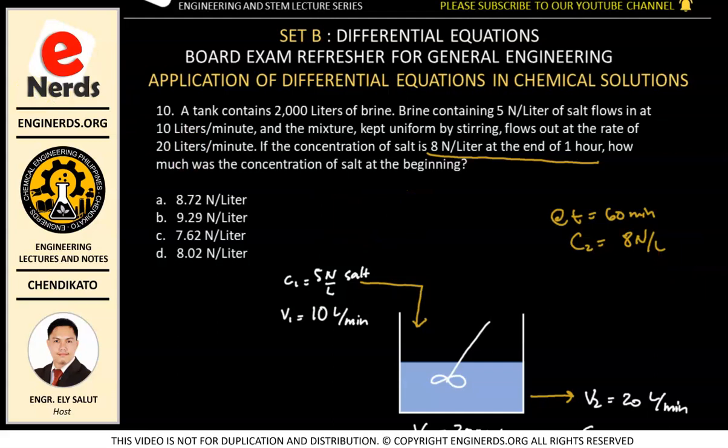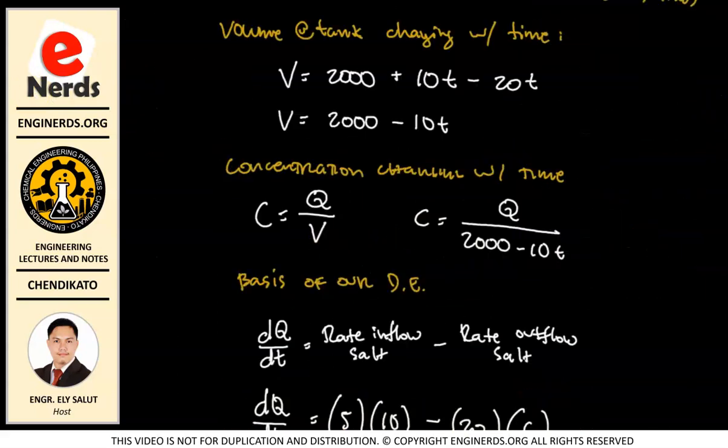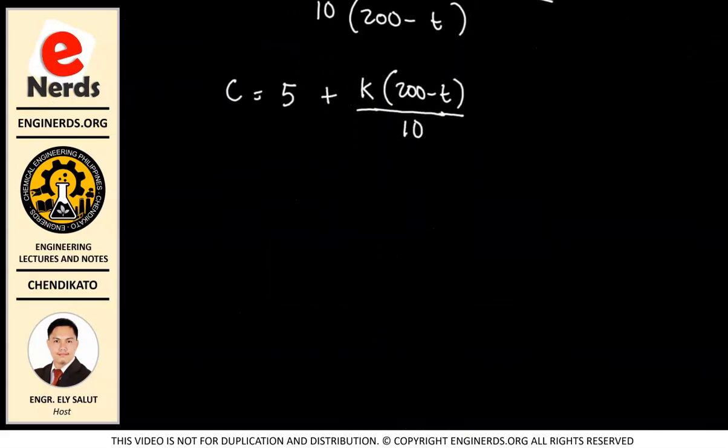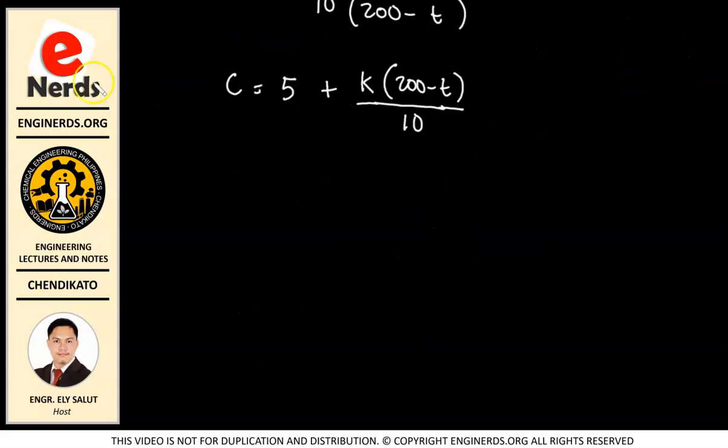So that's what it means, no? So we're going to use that. At time is equal to 60 minutes, our concentration is equal to 8 newtons per liter.